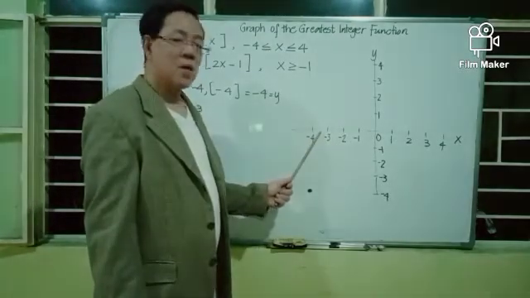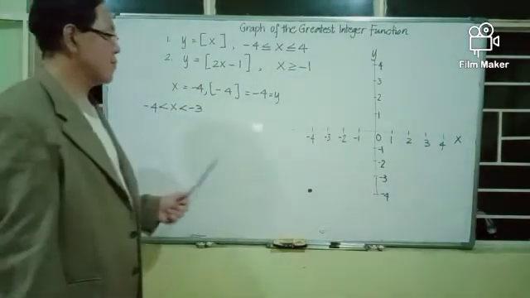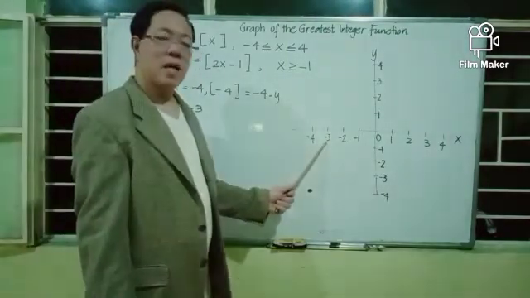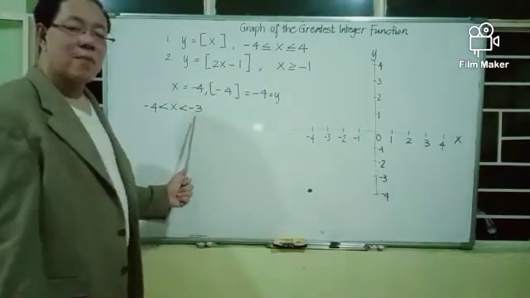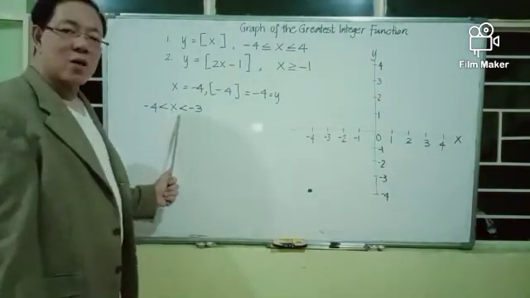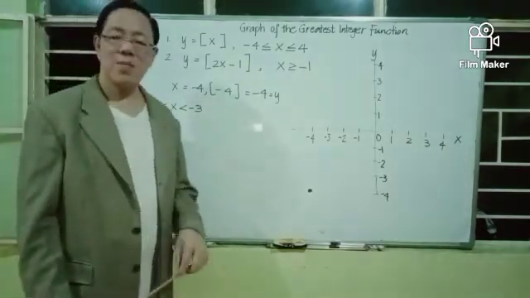We are considering the values of x that are greater than negative 4 but less than negative 3. An example of a value of x in this interval is negative 3.5.